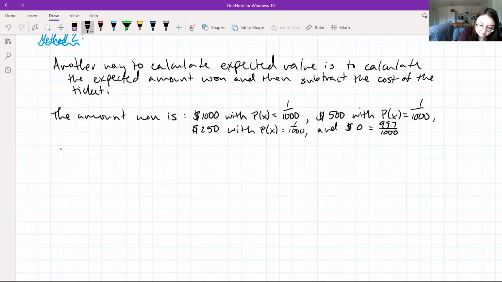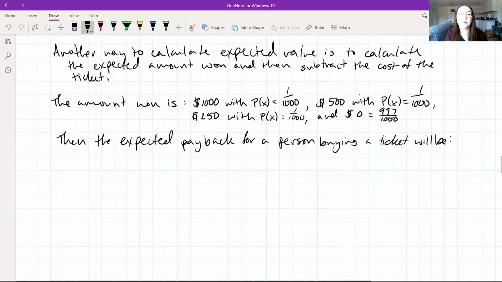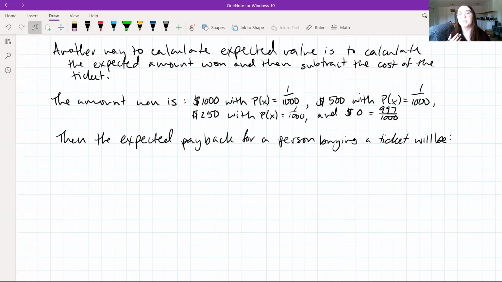Then the expected payback for a person buying a ticket will be, and now we're going to do essentially the same thing. We're going to do the exact same formulation of an expected value, which is still x1 times p sub 1.